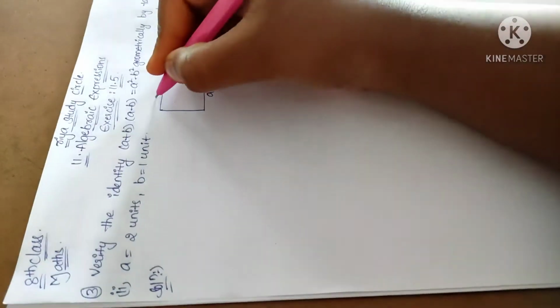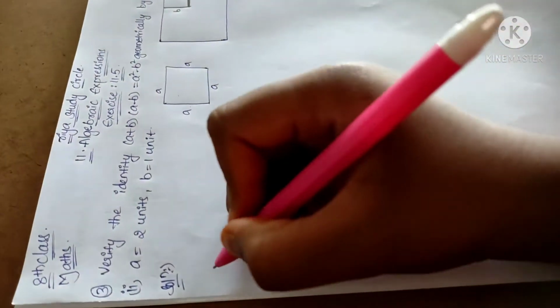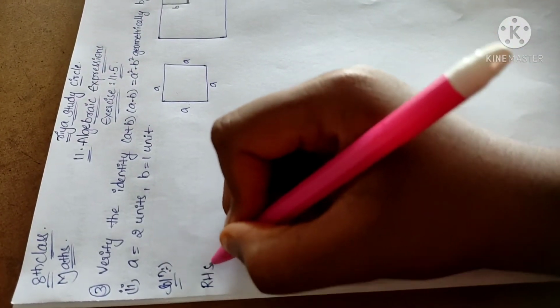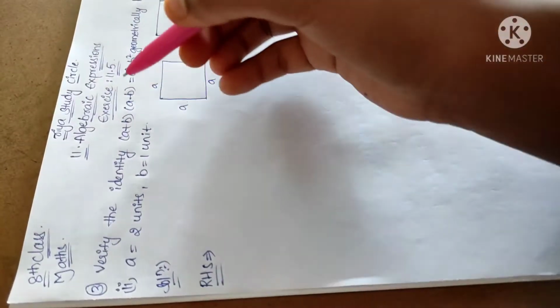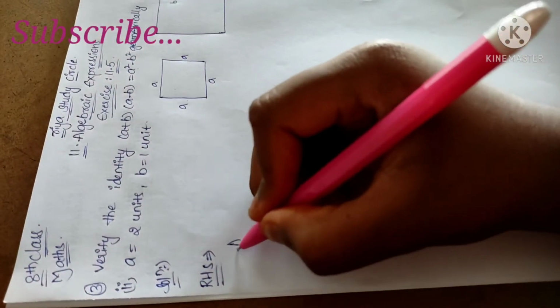Here we are taking two squares. So first square is with sides A and second one is with side B. So let's take RHS, that is a square minus b square.